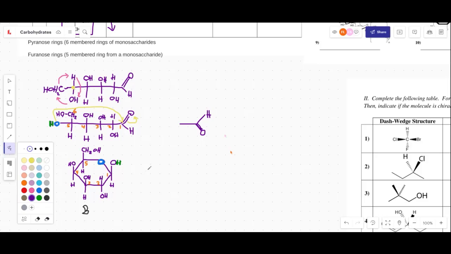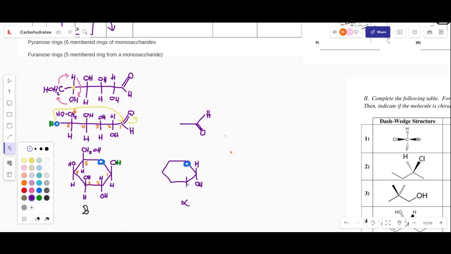If, however, I drew the exact same thing in every way, except that of course this would be my blue one, and everything was the same except that the OH on the number 1 carbon ended up being down, this would be the alpha anomer.